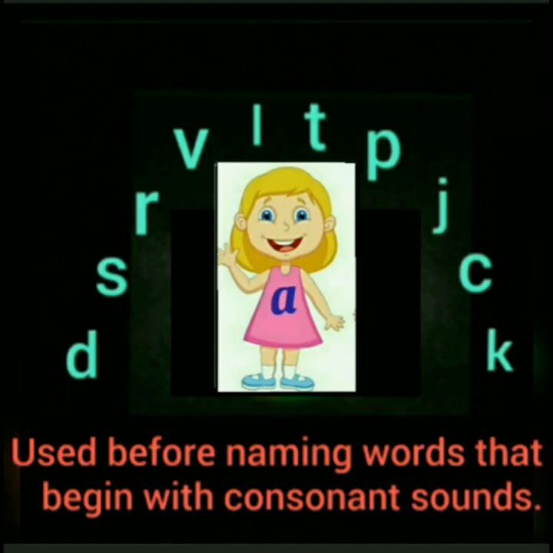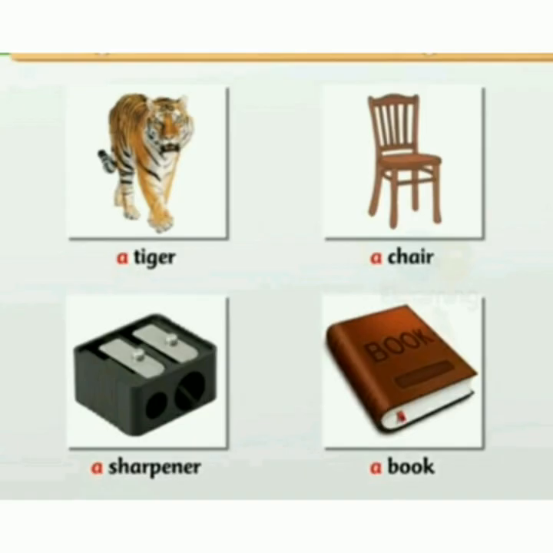Kids, we use A before naming words that begin with consonant sounds. Means, जब कोई भी word consonant sound से start होता है तो हम उसके आगे A यूज करते हैं. फॉर एग्जाम्पल a tiger, a chair, a sharpener, a book.